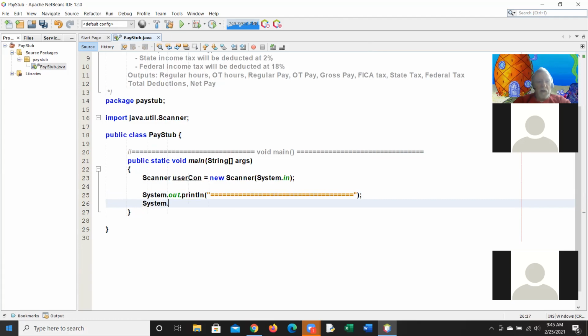And then we'll say pay stub program. And I can tell already that I need to move it over a little bit. Maybe like that. 1, 2, 3 there.